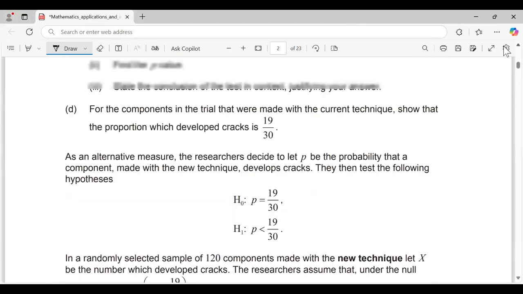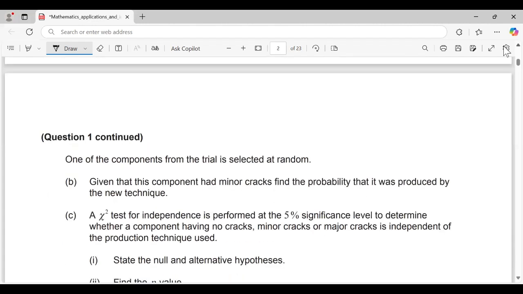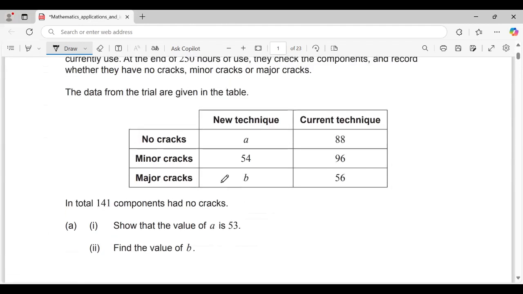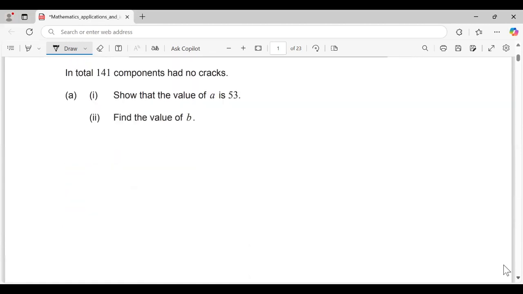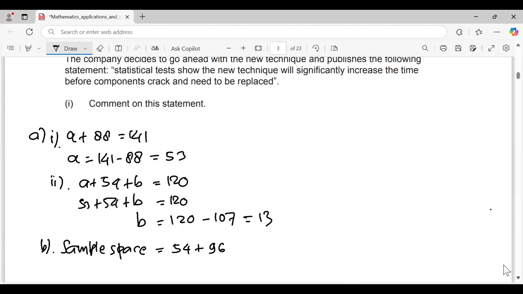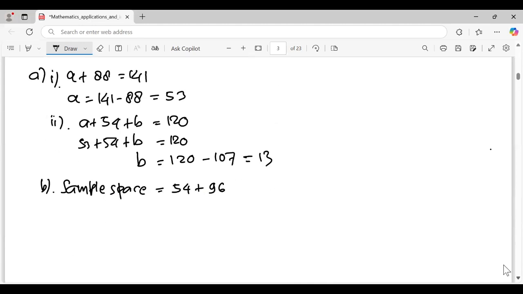According to this question, part B, minor cracks 54 and 96. So it is 150.